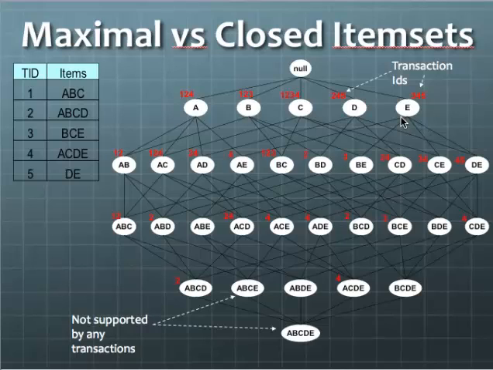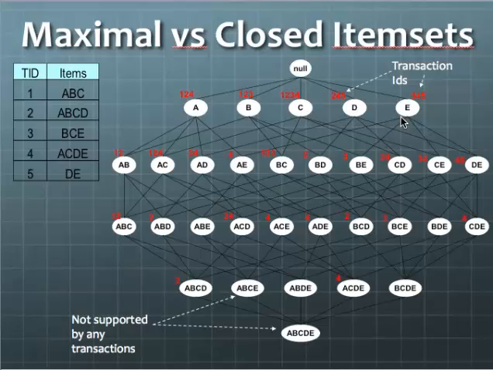The definition of a closed frequent item set is that an item set is a closed frequent item set if it is closed and its support is greater than or equal to the minimum support requirement.